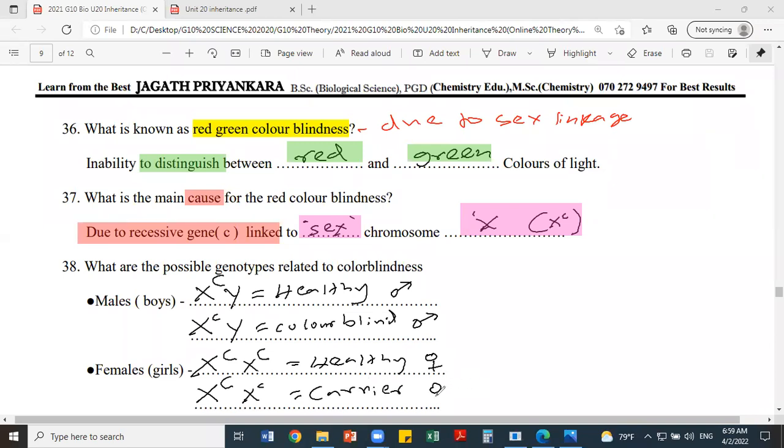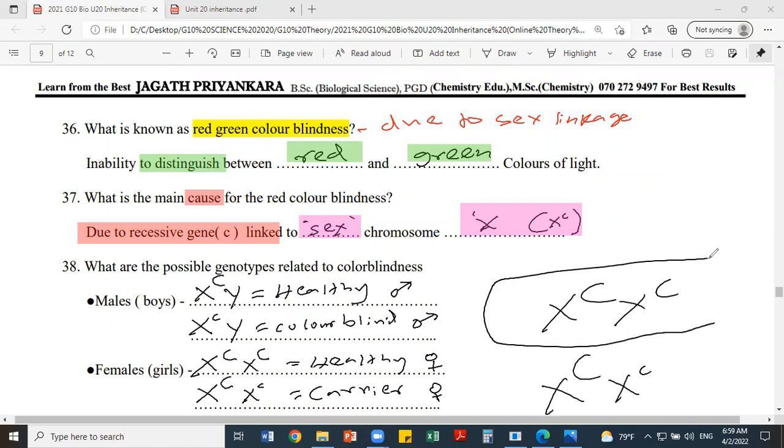She does not have the disease, but she can transfer the disease to the next generation. By looking at the eyes, you can't tell whether she is a carrier girl or a healthy girl, because you can't see whether she is capital C or simple c. You can't tell this by looking at the eyes. You have to do a genetic test.